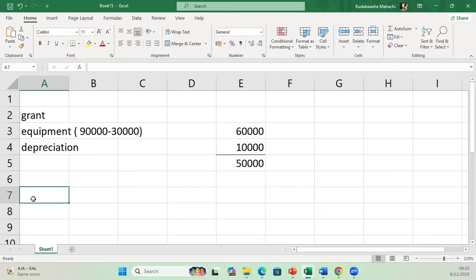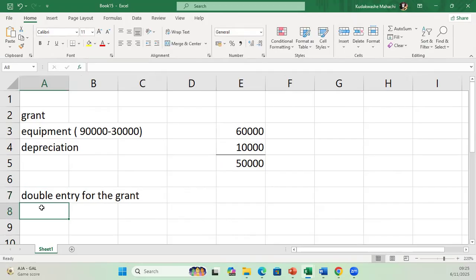Okay, so it means if we are now accounting for this, for our grant, we have a liability of 30,000. Then in terms of our depreciation, the new depreciation expense, so the double entry for the grant.